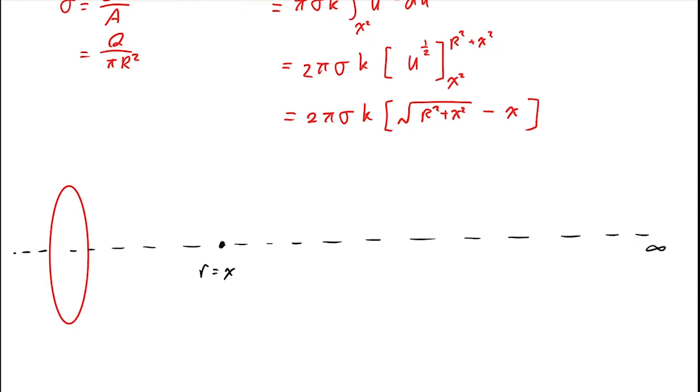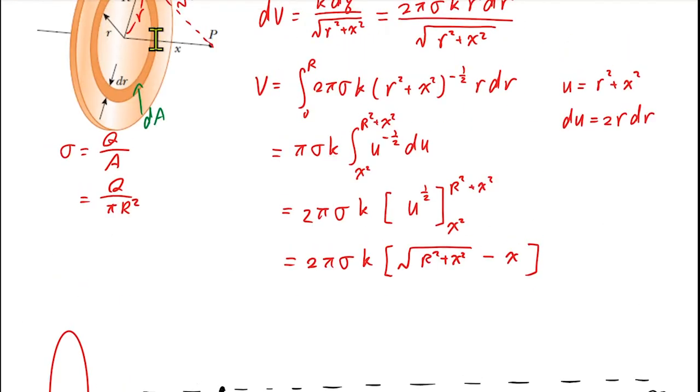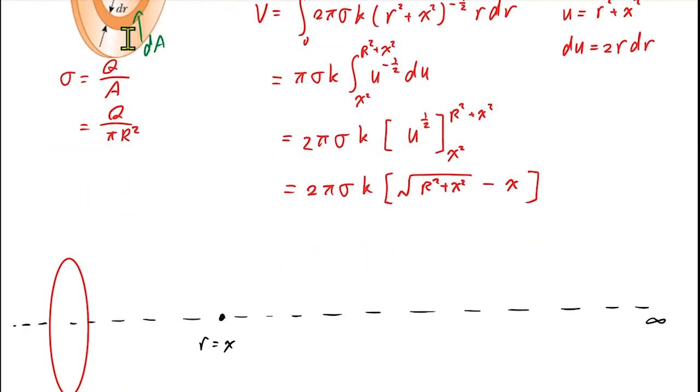Good. And then we are going to need this expression of electric field that we calculated. I think I'm going to have to go get it. I'll just write it down here.